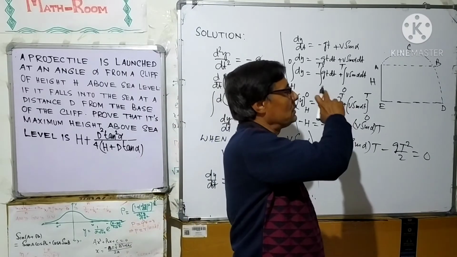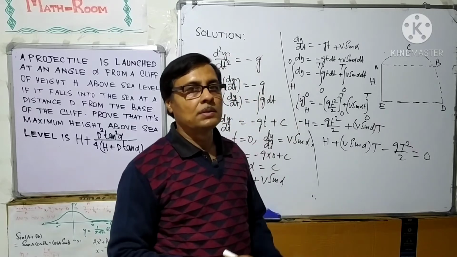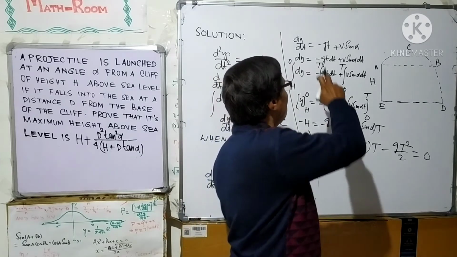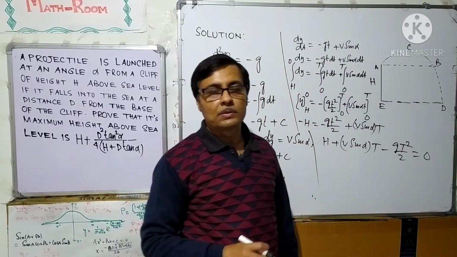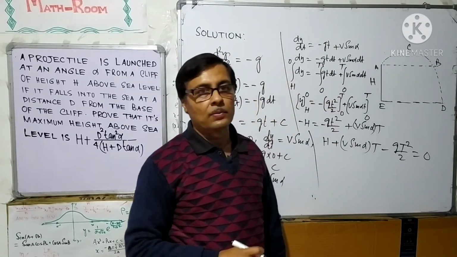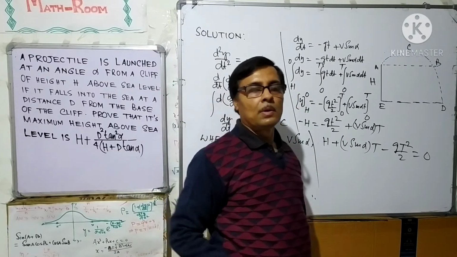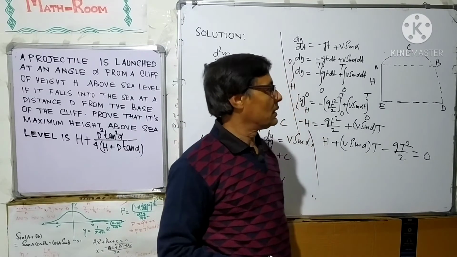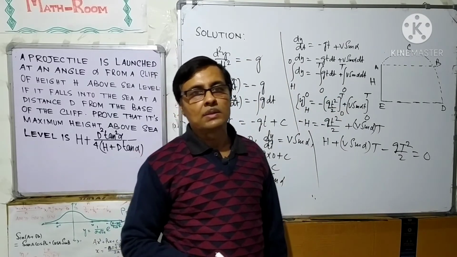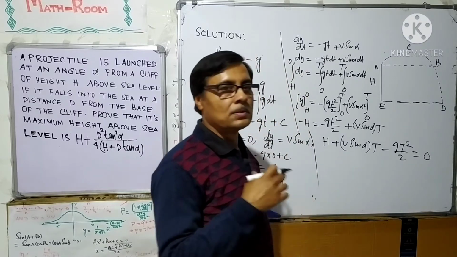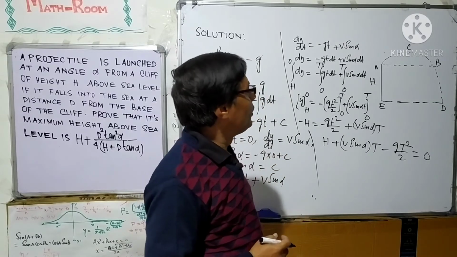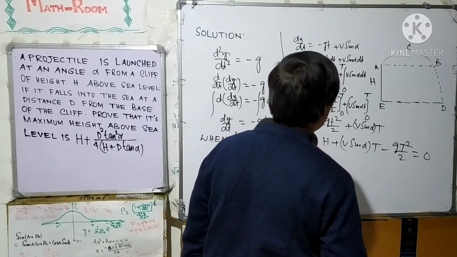There is no horizontal force exerted on the projectile, because the vertical force here is the only gravitational force, and the horizontal component of the gravitational force is 0. So the horizontal force is 0.